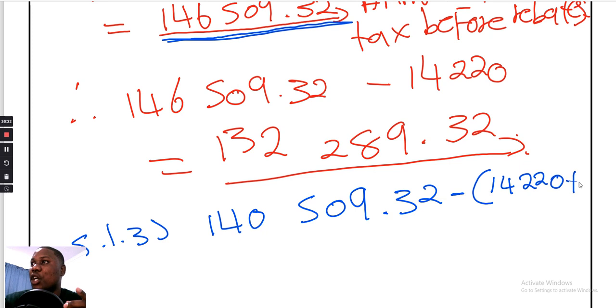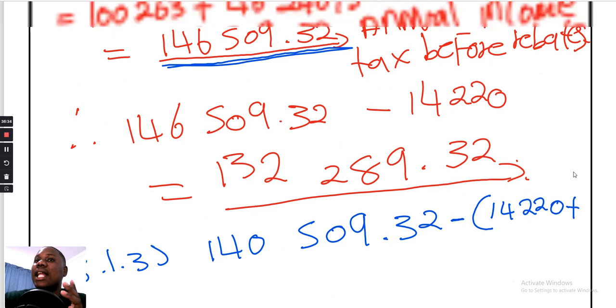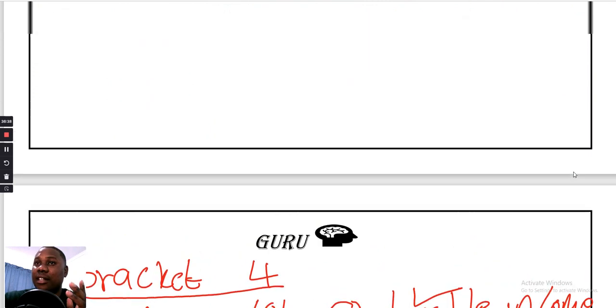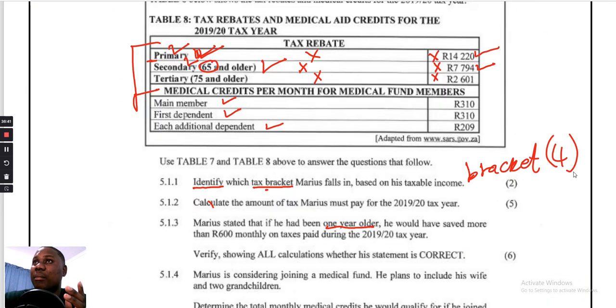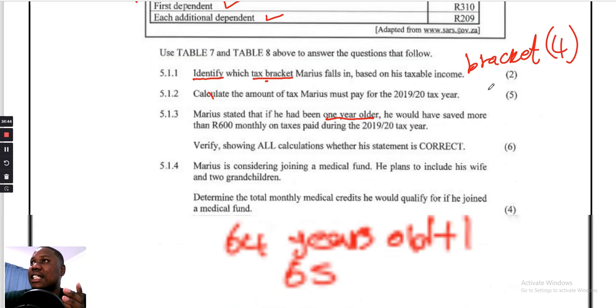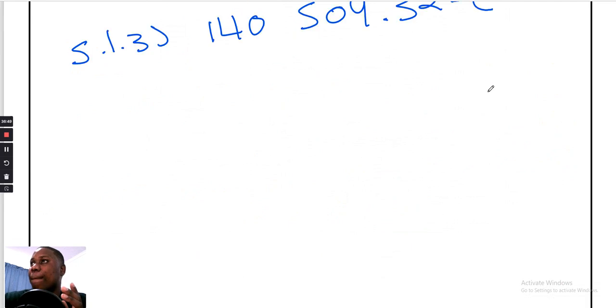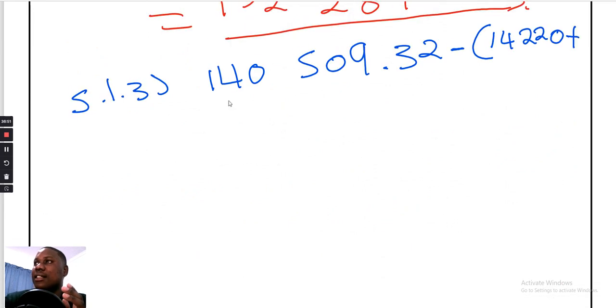14,220 plus. We now go to the next rebate, so the secondary rebate. The secondary rebate here is how much? It is 7,794.